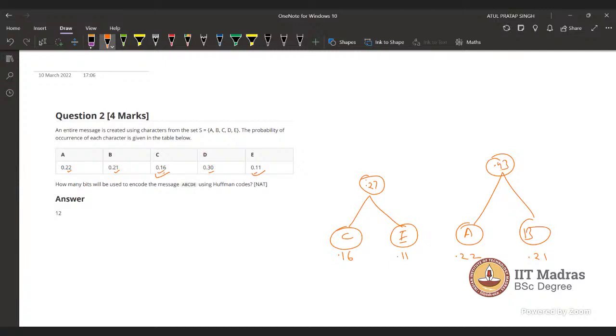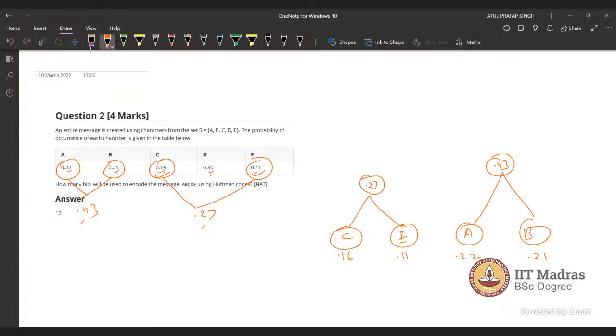Now we have selected this part and this part, with 0.27 and 0.43. Now we have 0.43, 0.27 and 0.30 remaining.